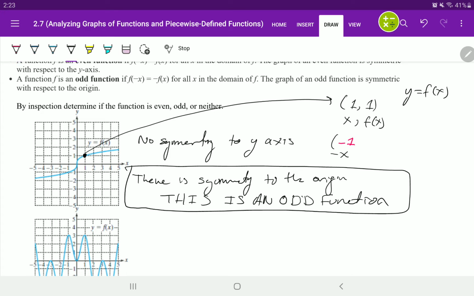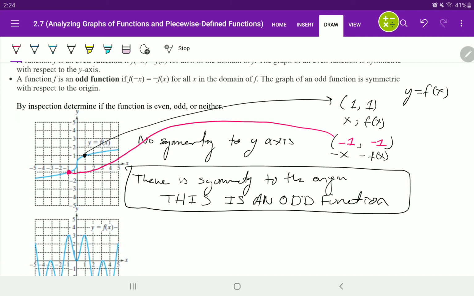And to prove it's an odd function, if I have negative f of x, I must change the sign and make that negative 1 as well. Now we want to see if this coordinate, negative 1, is on that graph. So if I go to my graph and try to find negative 1, it is right here. Negative 1 is right there. So therefore, yes, this is also an odd function by doing that as well.